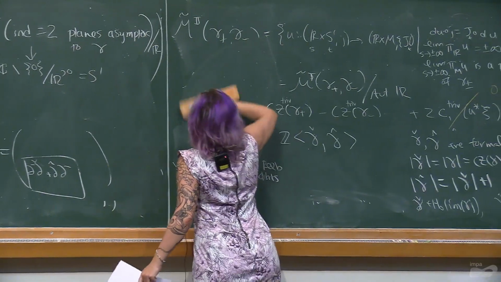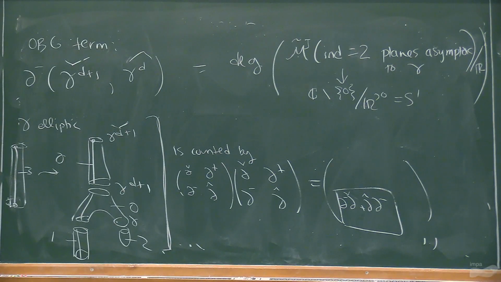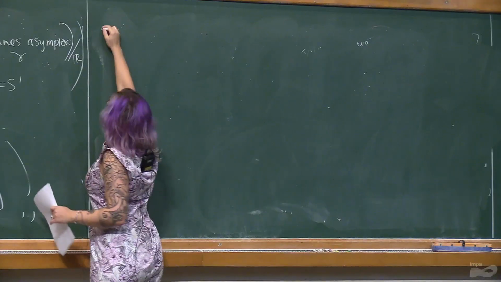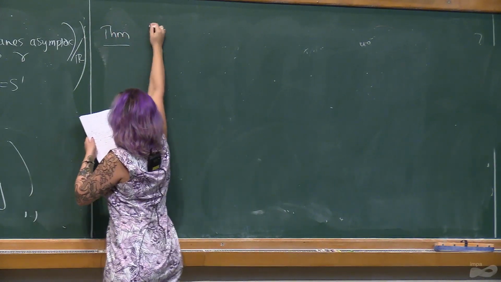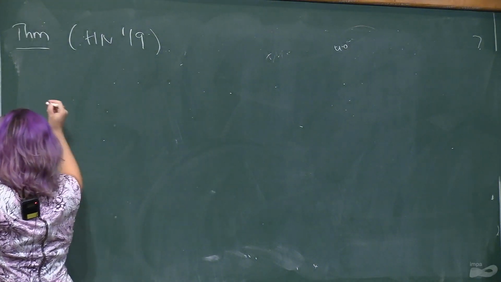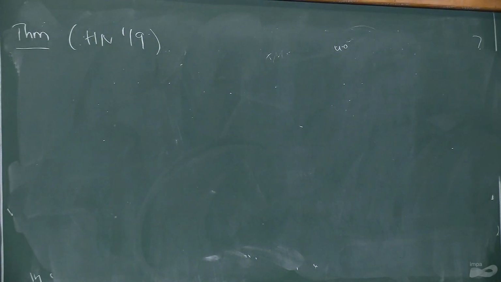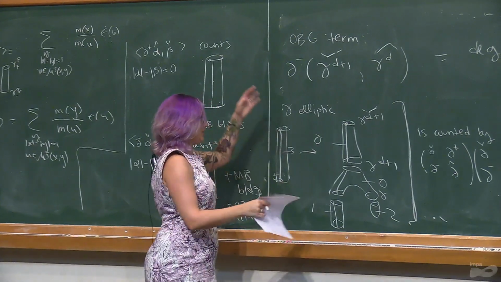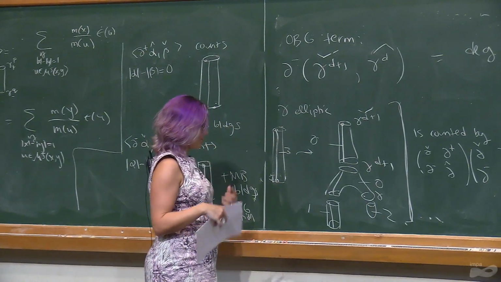Okay. So then the theorem that's on the archive by Hutchings and me from June: we didn't want to go through 90 pages and then explain what happens with the obstruction bundle gluing term in another 90 pages.